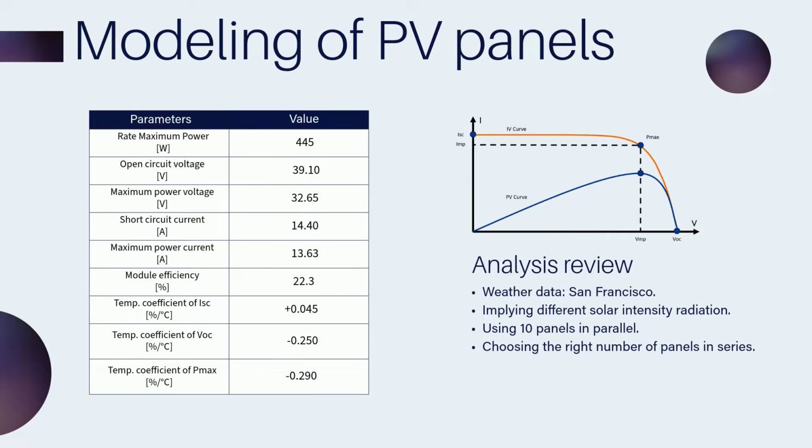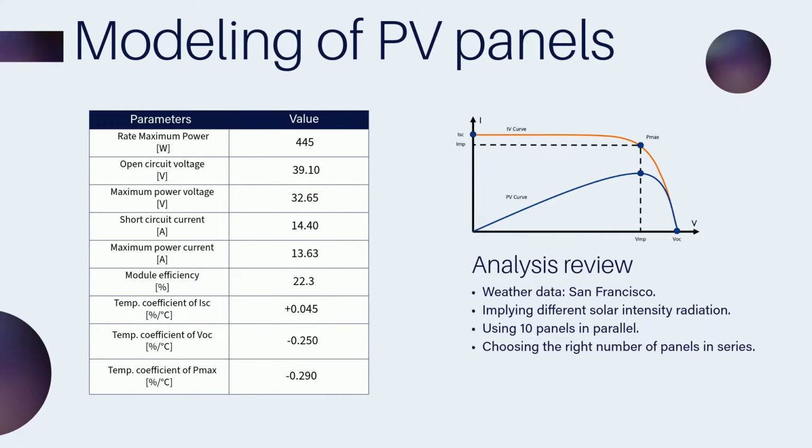So as an analysis review, I chose an arbitrary region depending on my problem, which is San Francisco in the United States of America. And then I want to just have this basic study on the effect that solar radiation intensity will have on the power of the arrays.